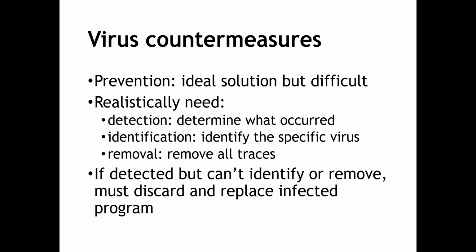Then identifying that specific virus, being able to remove all traces of it, either it's deleting it or it's going and looking for those lines of code where you're telling it, go do damage. There are some pieces of code when you run them in a safe environment, you're able to open it.